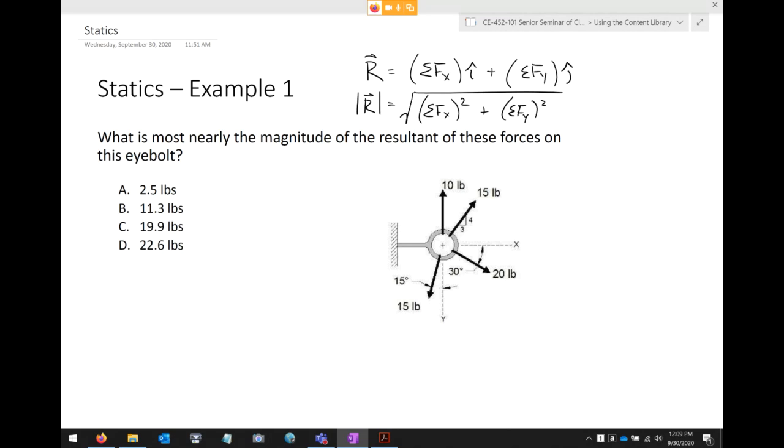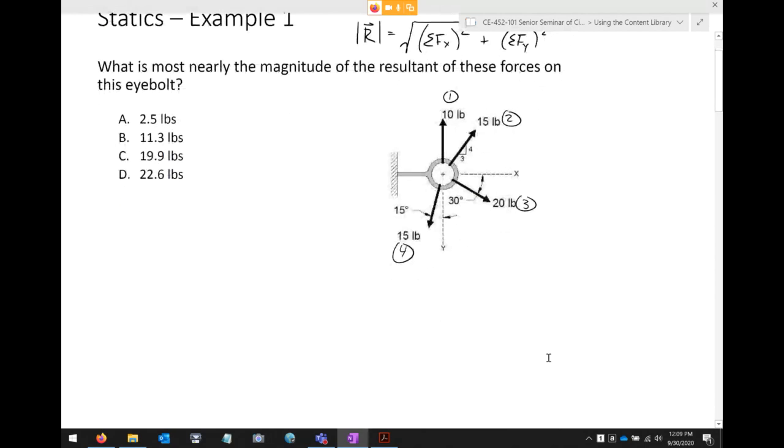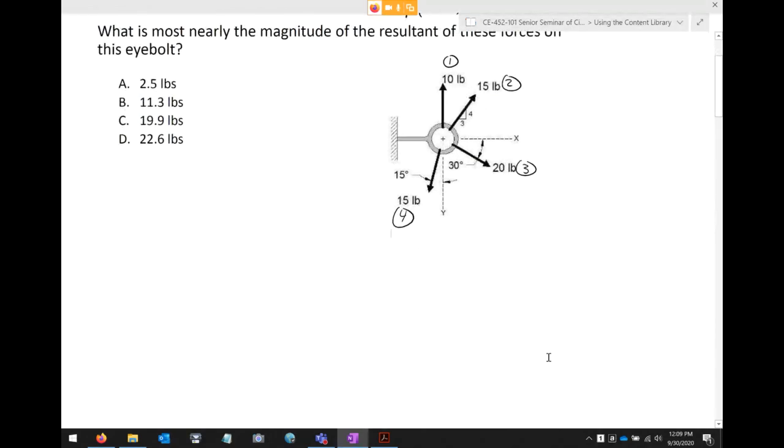Now, I'm going to number these forces just so that we have something to talk about. So 1, 2, 3, and 4. Maybe I'll scroll down a little bit. You can do this however you want, but what I'm going to do is set up a little table.